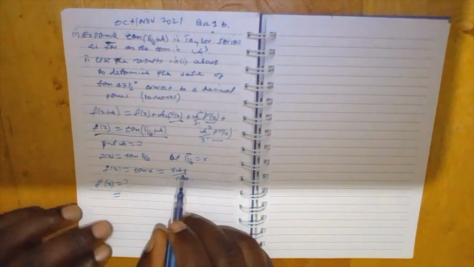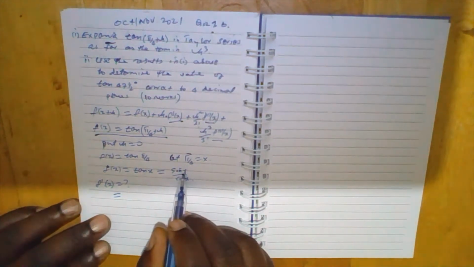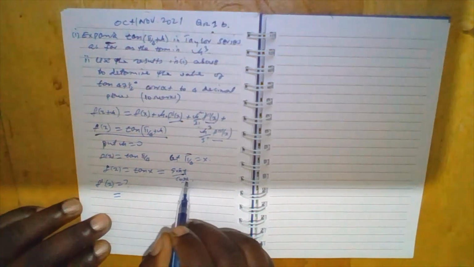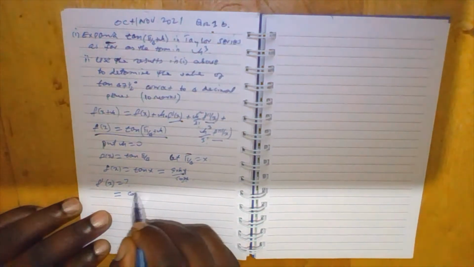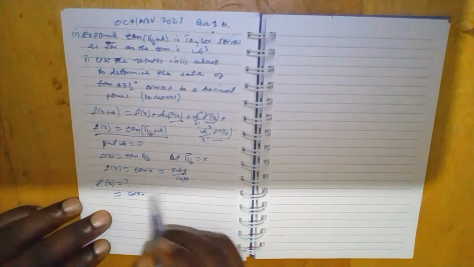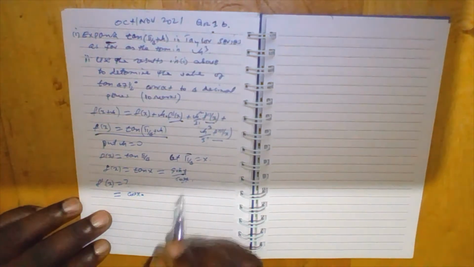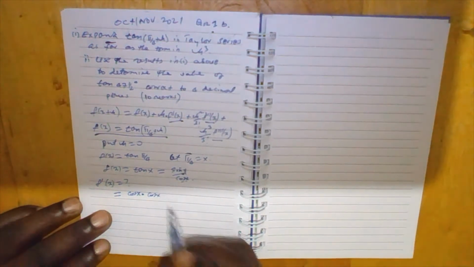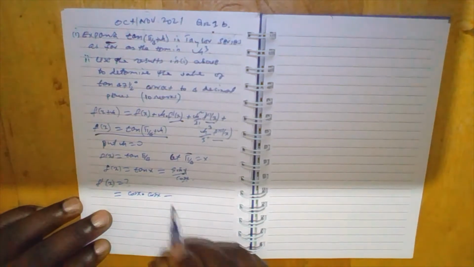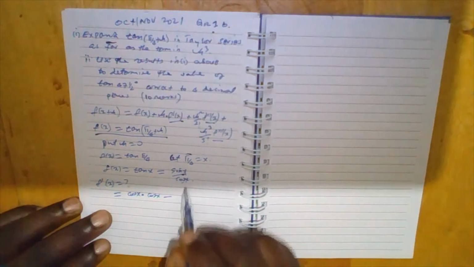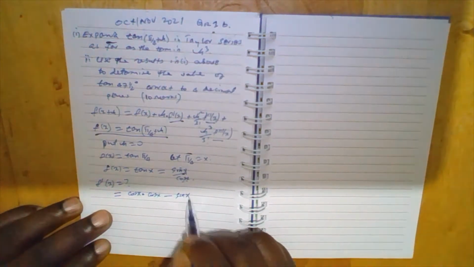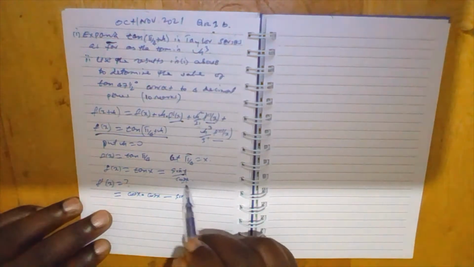Here we apply the quotient rule. We put down the bottom, cos x, and differentiate the top, sin x. When you differentiate sin x, you get cos x, then minus, we put down the top, sin x, and differentiate the bottom.